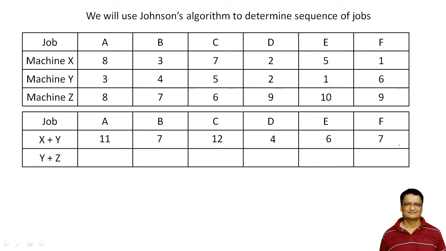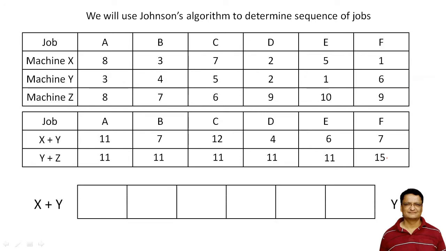Now we repeat the same operation for the next 2 rows. The Y plus Z timing gives me 8 plus 3 plus 8, which is 11, and likewise I complete all the operations. The next step is to plot the blocks this way.